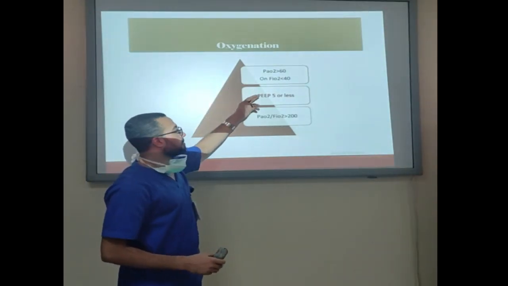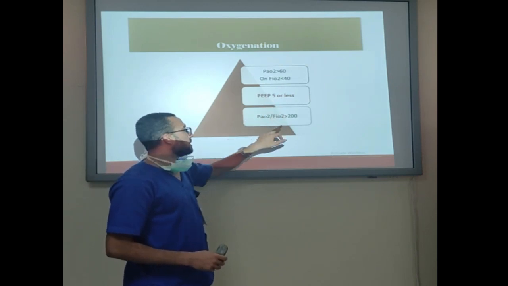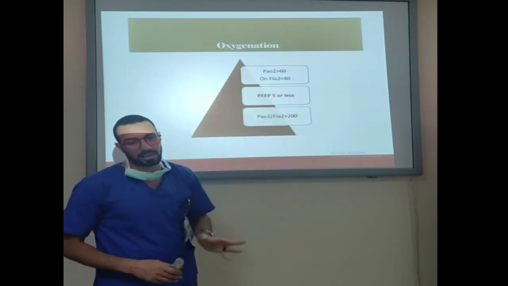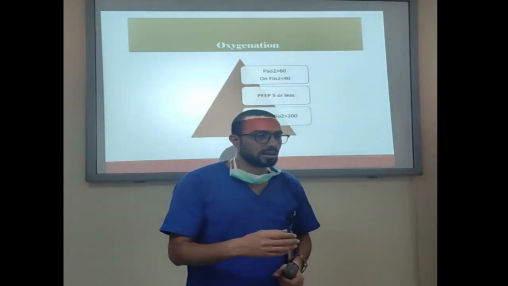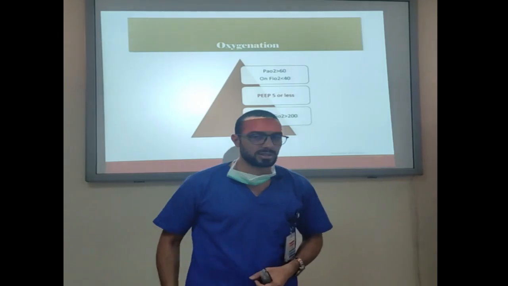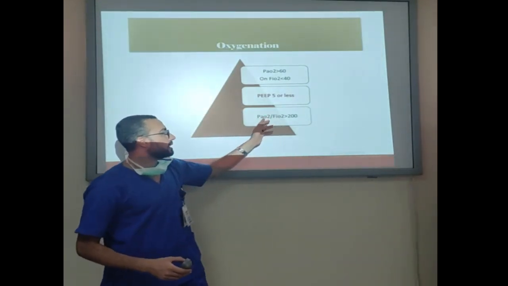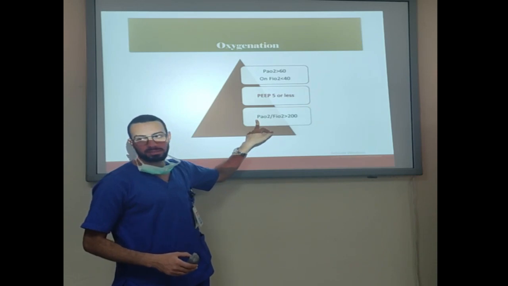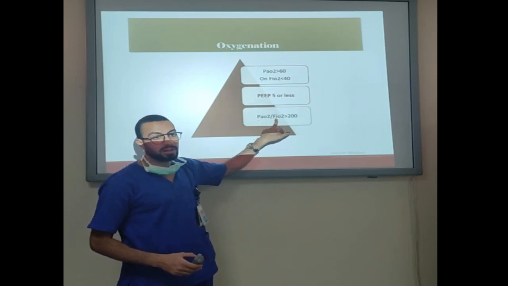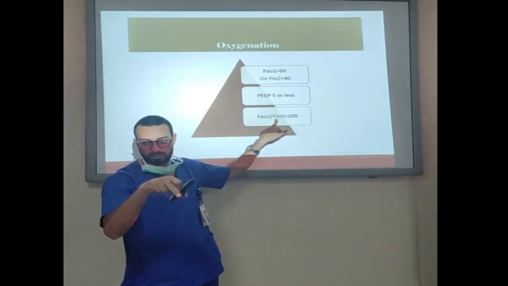At the same time, if FiO2 is below 40 and the PEEP is 5, not more than 5, this is the PF ratio, it's okay. PF ratio means PaO2 over FiO2, and it should give you more than 200. Let me give you an example. If the patient's PaO2 is 80 over FiO2 40%, it means 0.4. 40 over 100 is 0.4, right?